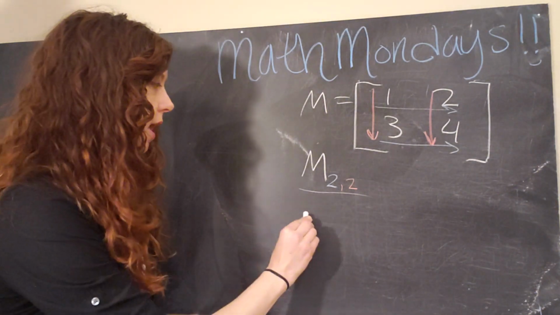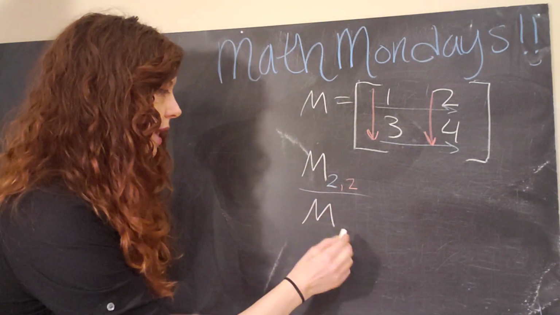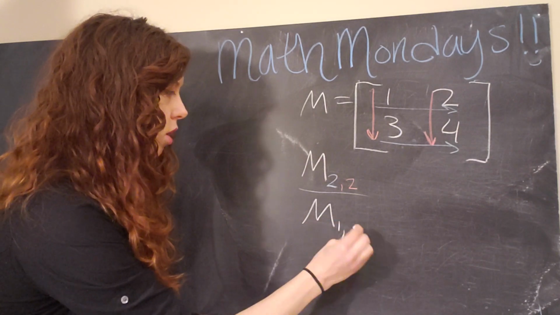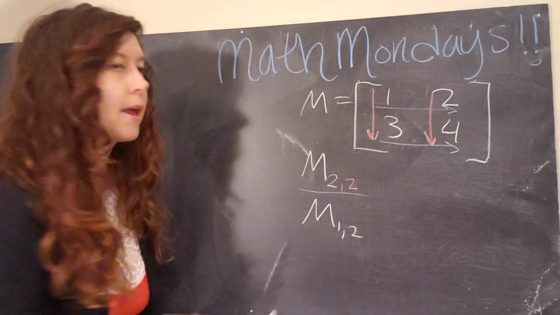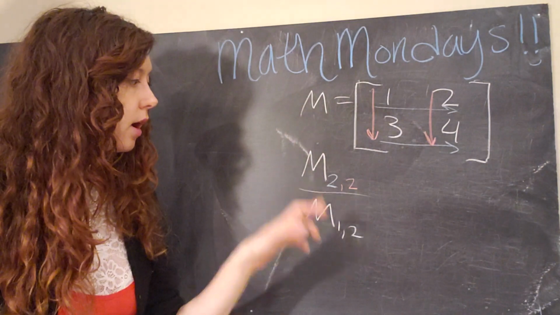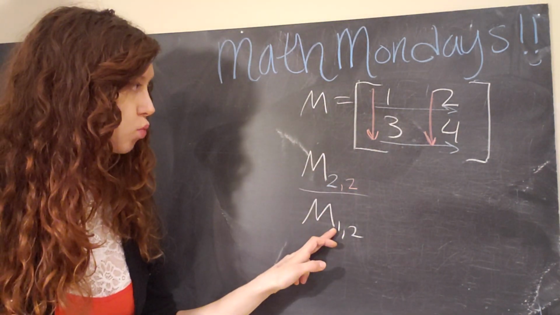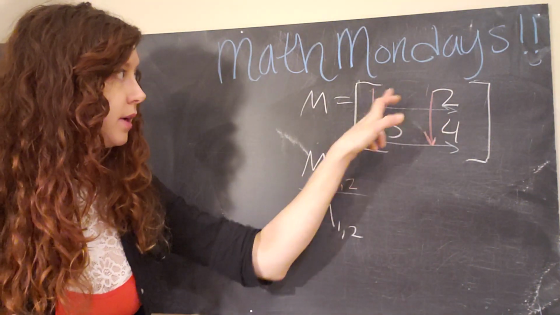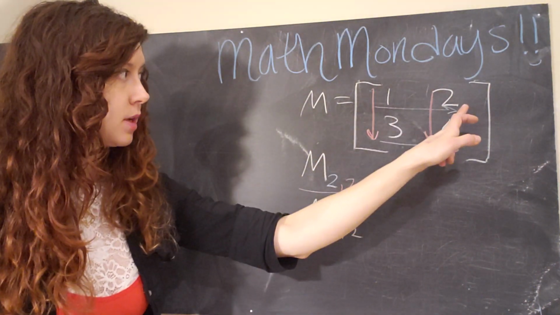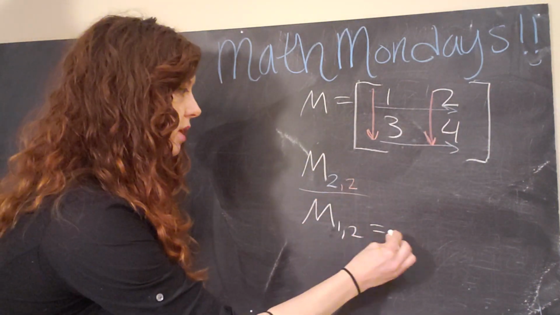So for example, if I ask, what is M1,2, then I'm asking, what is the element in M that is in the first row and the second column. So first row, second column would be 2.